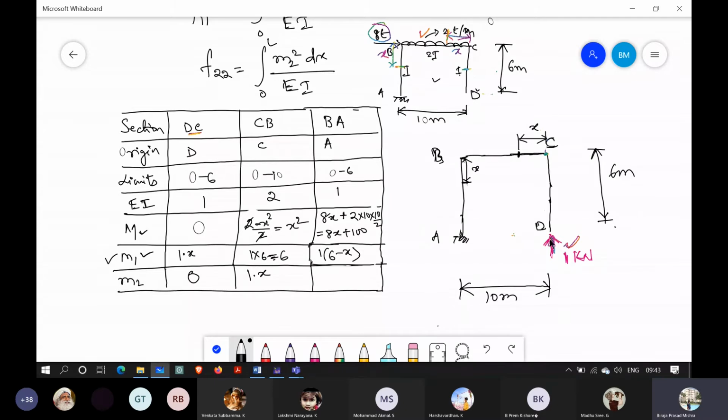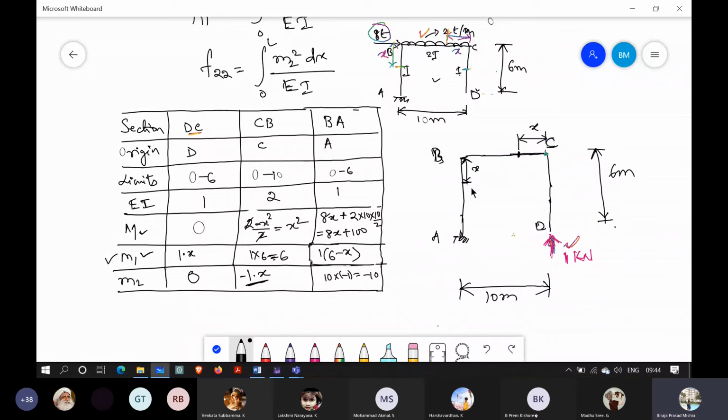So it is 1 into x. Sorry, this will be minus, because this is generating an anti-clockwise moment. So this is minus 1 into x, and here this will be 10 into minus 1 equals minus 10.